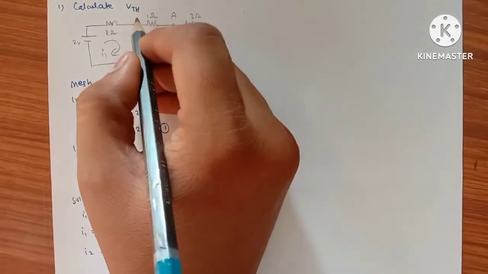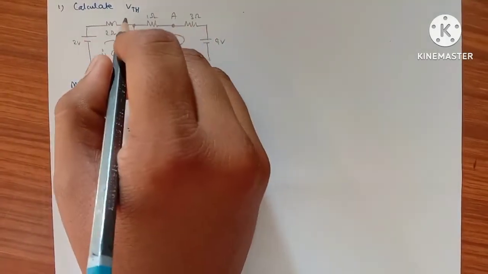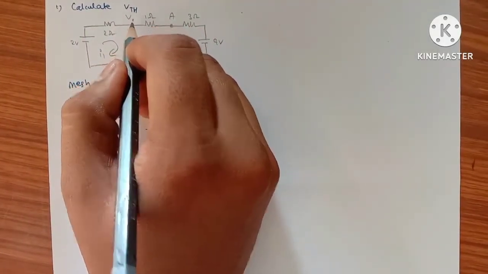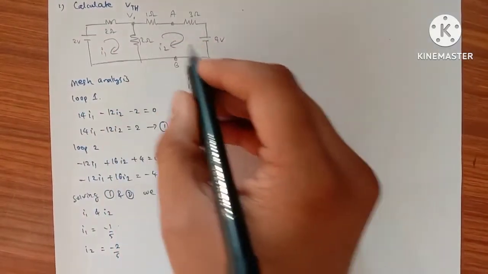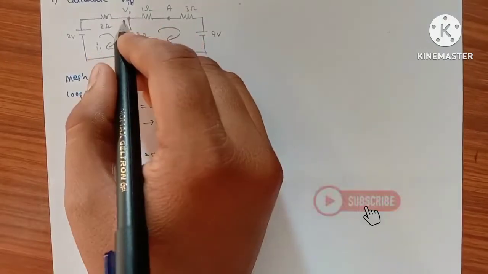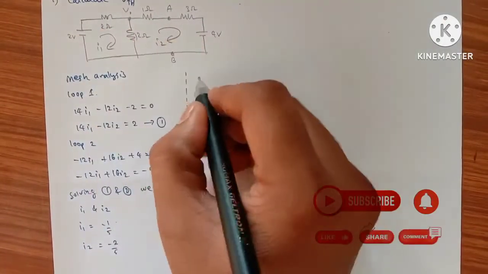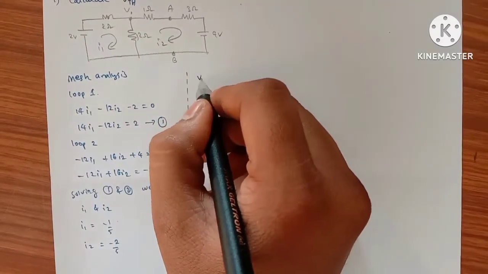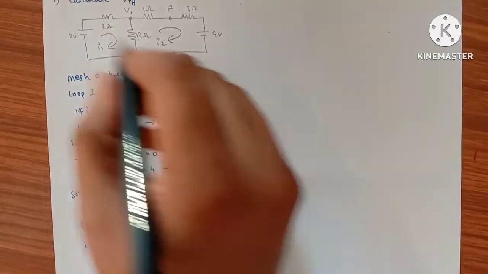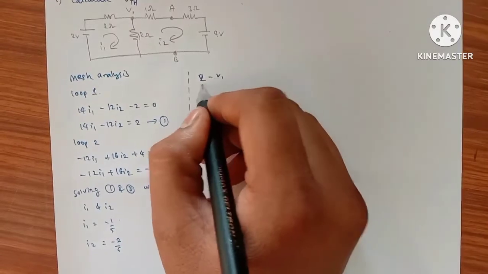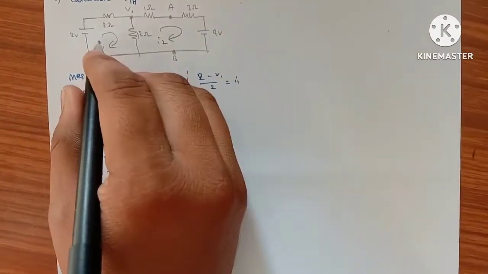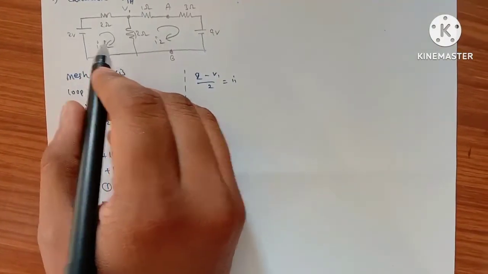Now let us take this point as node 1 and the voltage at that point is V1. Now if you write the nodal equation to find V1, V2 minus V1 by 2 equals I1, taking along the current direction.